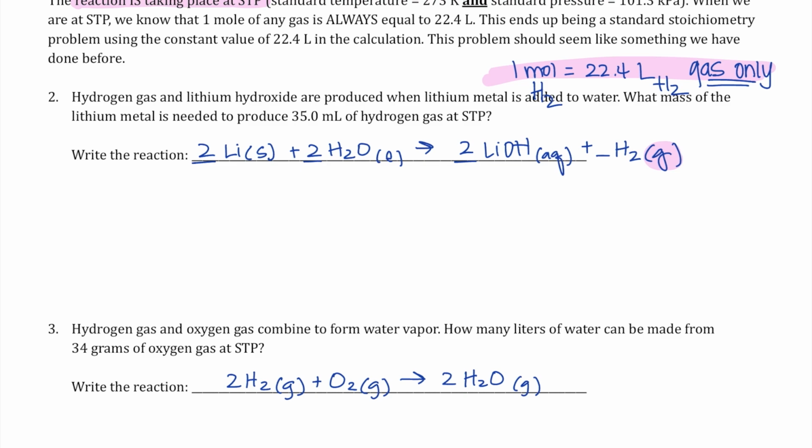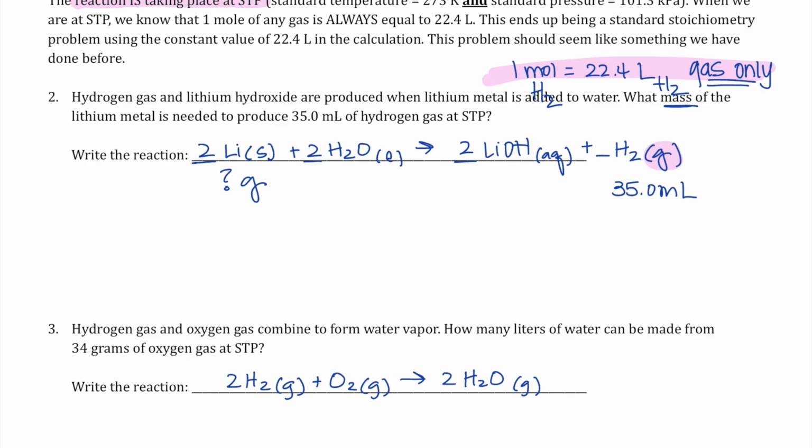As we look at this problem and what we have, what mass of the lithium metal, so we are looking for mass, grams of lithium, is needed to produce 35 milliliters of hydrogen gas. We have 35 milliliters.